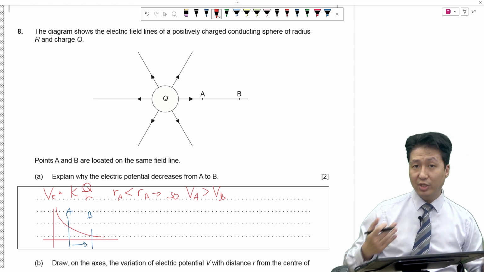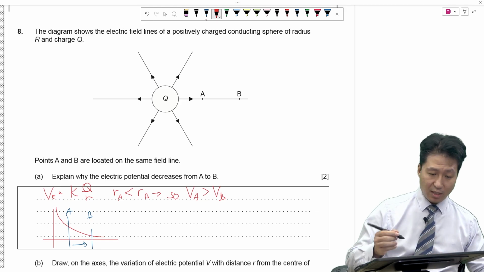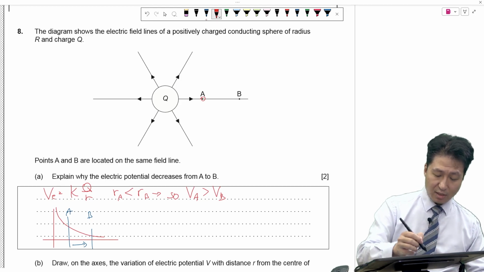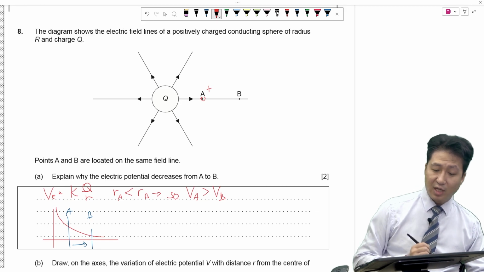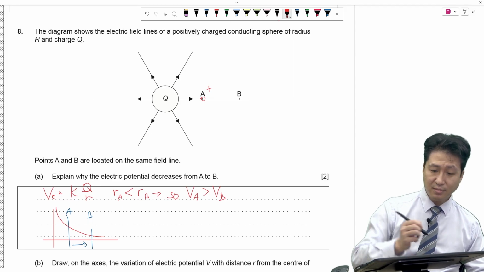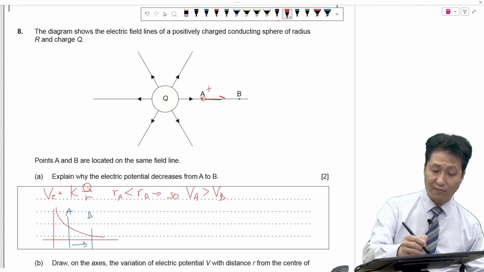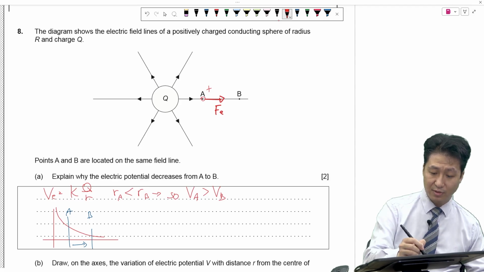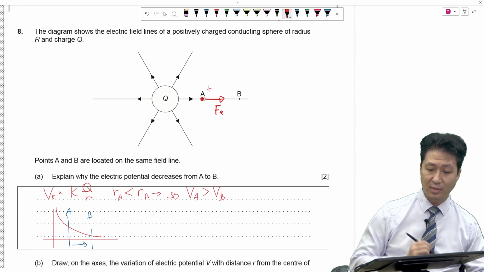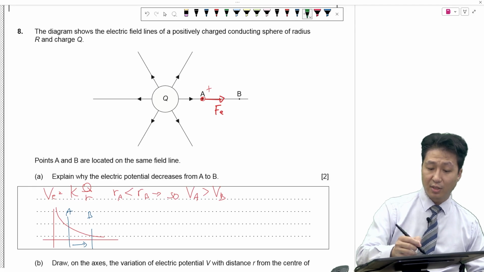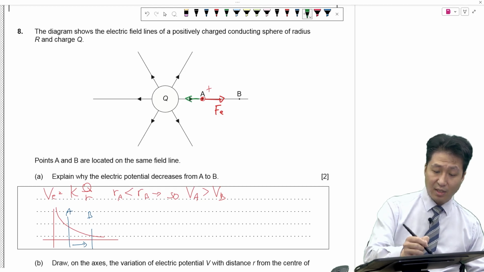Next, there's other ways to explain this phenomenon. First of all, if you put a positive charge here, it would experience a force to the right. This is the electric force. So, second force, the external force would be the opposite direction.